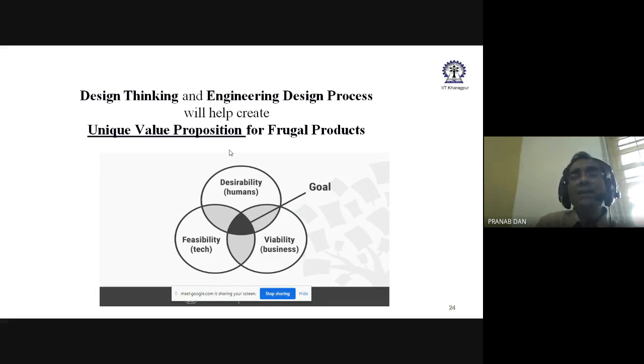Three things. One is it has to be technically feasible. It has to be economically viable, but again, it has to ultimately be used by the consumer or the purchaser. So it has to have the desirability. So it should be desirable. So it is that intersection where the three aspects meet. Next slide, please.